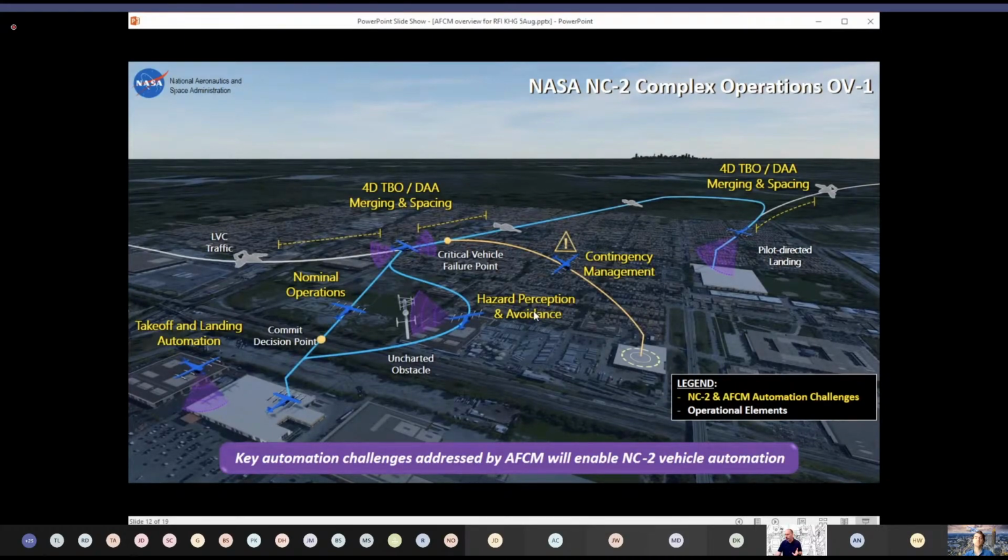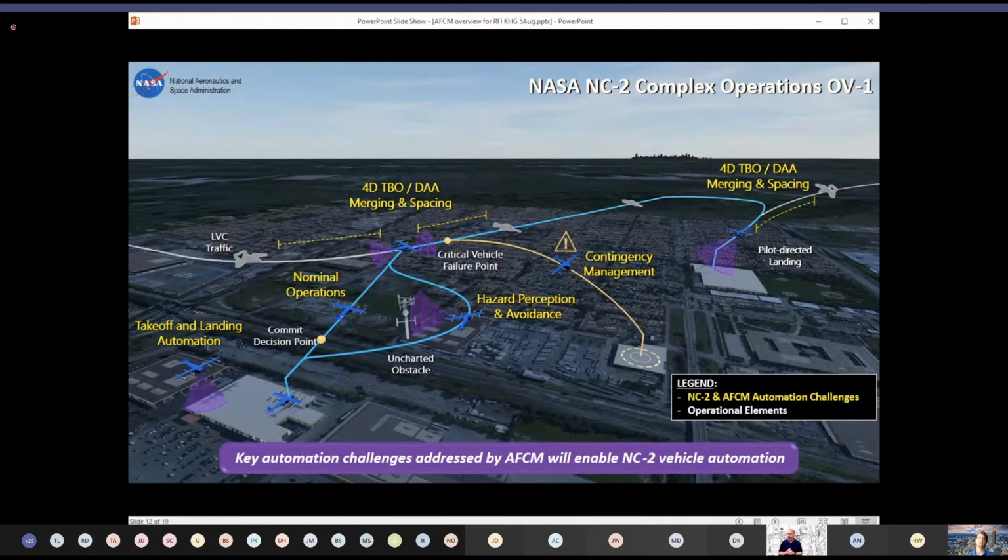Hazard perception and avoidance. I want to highlight that operating in these urban areas, the proximity to hazards and the potential for uncharted hazards is much greater than for traditional aviation.